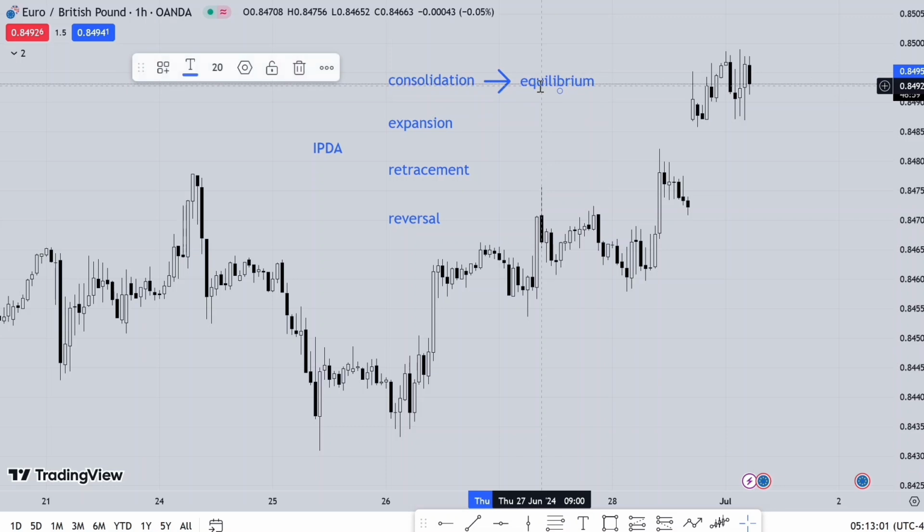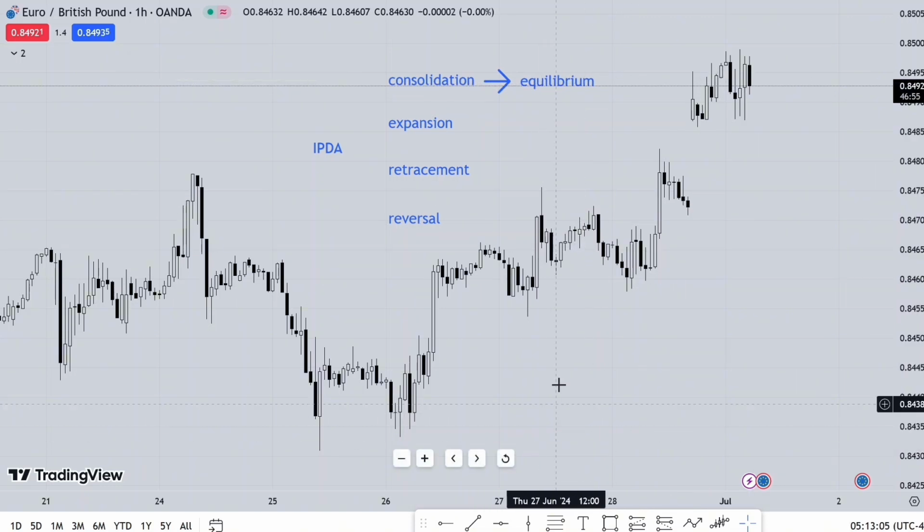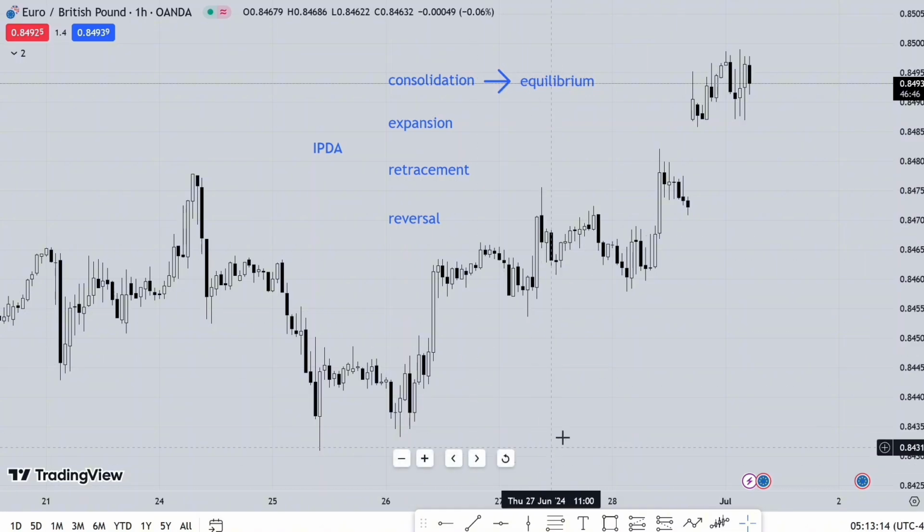So when price is in a consolidation, it is engineering liquidity on both the sell side and buy side, and where there are large funds, where there is a large amount of money, that is where price is likely to jump to next.